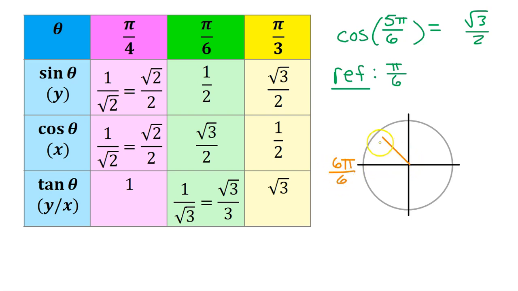Therefore, 5 pi over 6 is in the second quadrant, pi over 6 before 6 pi over 6. Cosine is the x value on the unit circle, and x values are negative in the second quadrant. So the cosine of 5 pi over 6 is equal to negative radical 3 over 2.